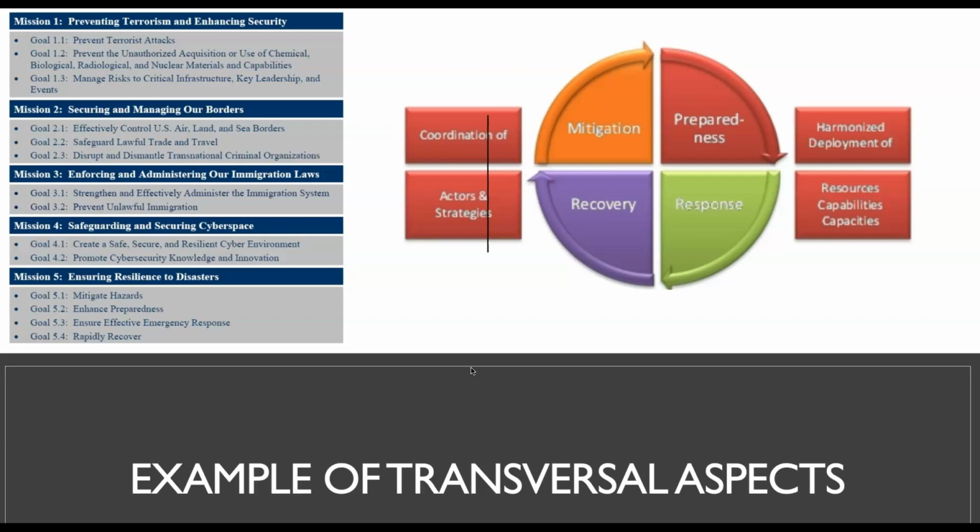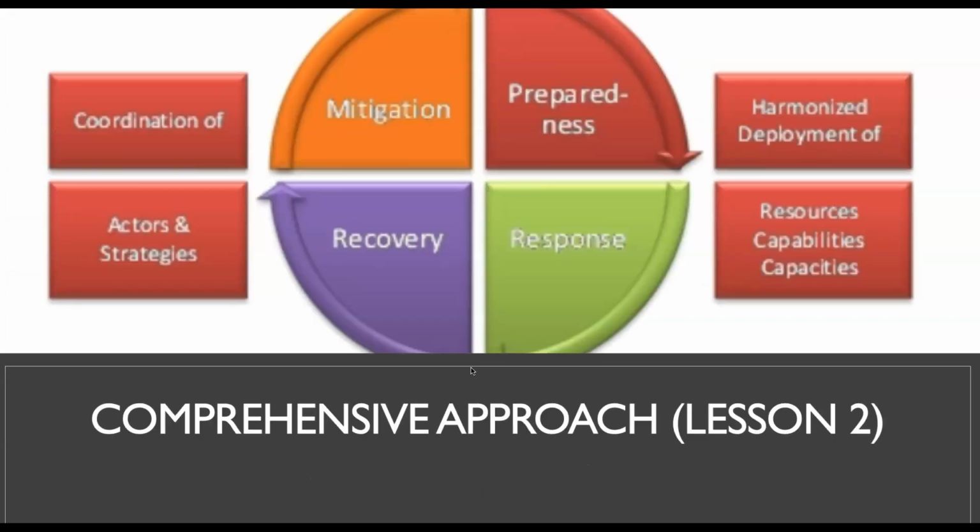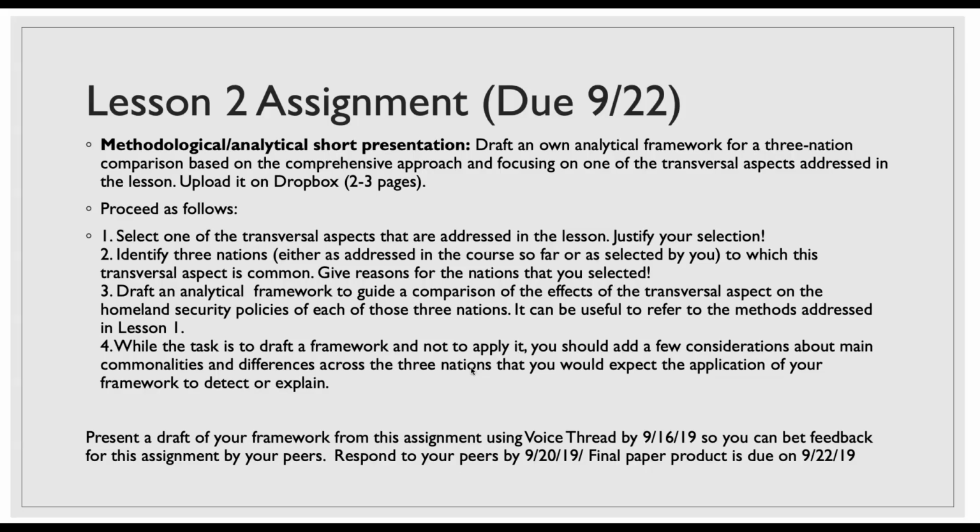And that is how I would want to handle that specific assignment. You can be very specific on what you want to address. It's really up to you and your interests. Just explain why you selected that transversal aspect and why those countries. And we're using the comprehensive approach again in addressing each one of those elements.